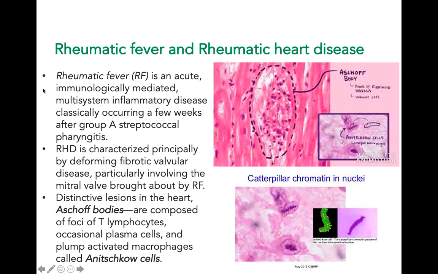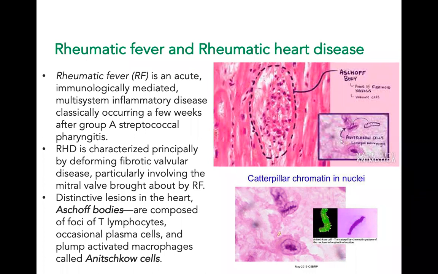As I've said, since this is immunologically mediated, the antibodies destroy, okay? The antibodies mistake the heart for group A streptococcus, so they attack the heart. Okay? So it can cause rheumatic fever.